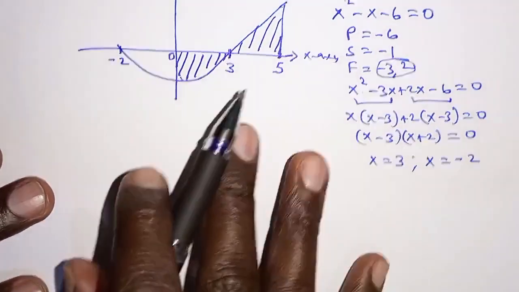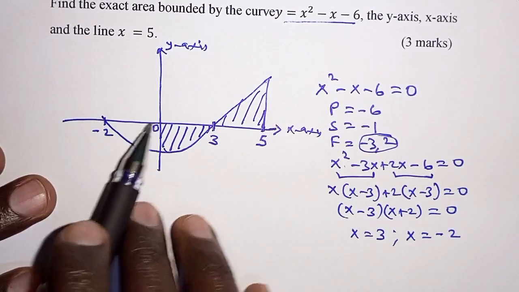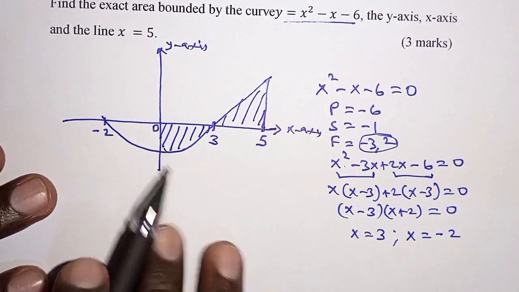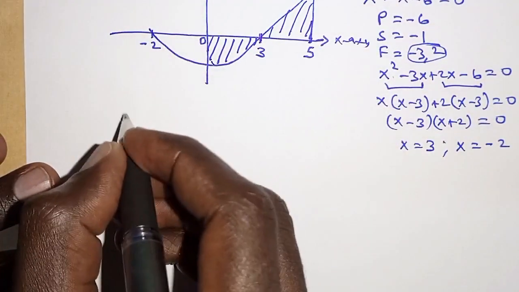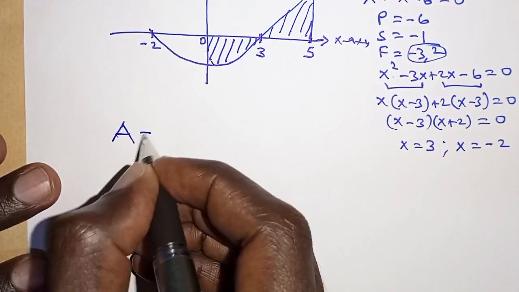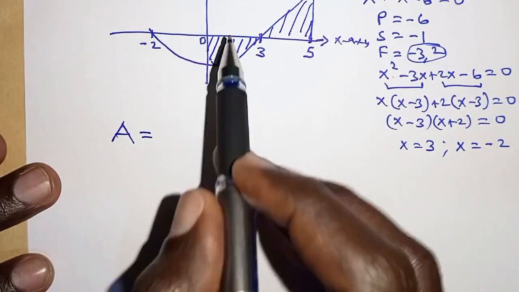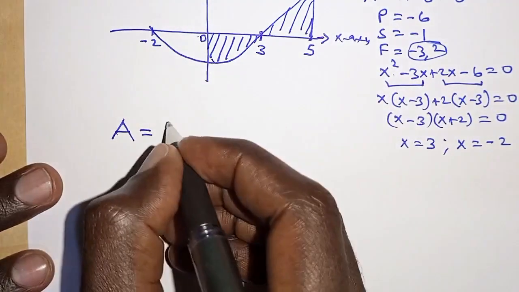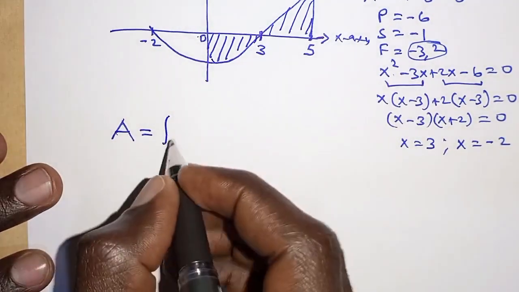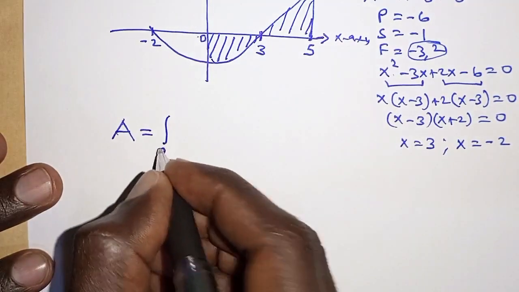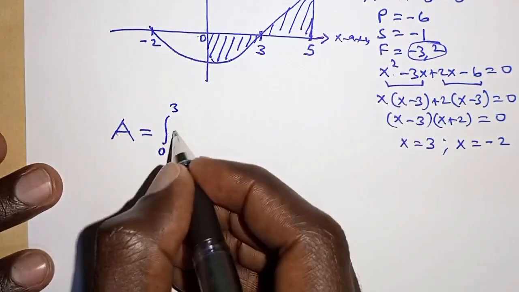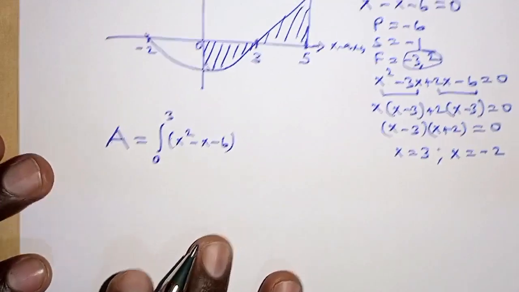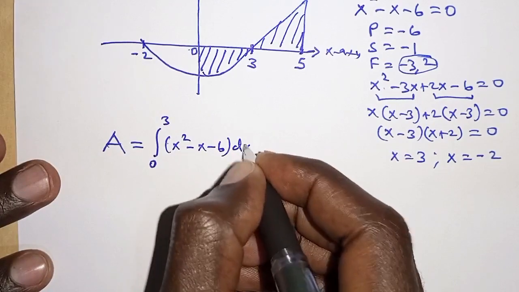Well, now this already shows us the limits within which we'll be integrating. So in order to get the area bounded by the y-axis, the x-axis, and the curve, we will have to integrate from 0 to 3, that is x squared minus x minus 6, the equation of the curve, with respect to x.